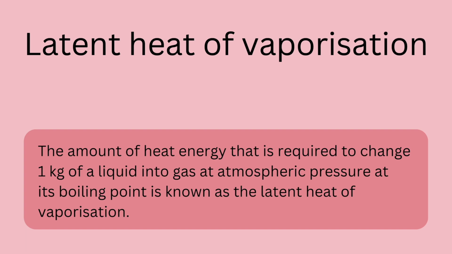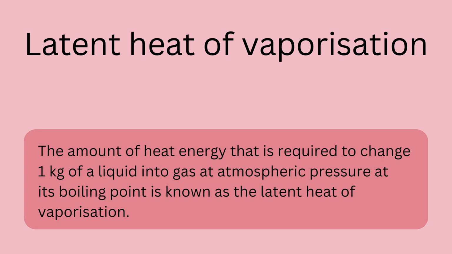I hope you would be able to tell the definition of latent heat of vaporization from the definition of latent heat of fusion. In latent heat of fusion, what did we see? 1 kg, atmospheric pressure, energy used to convert solid to liquid. The same applies for latent heat of vaporization: 1 kg, atmospheric pressure, but instead of fusion you have vaporization.